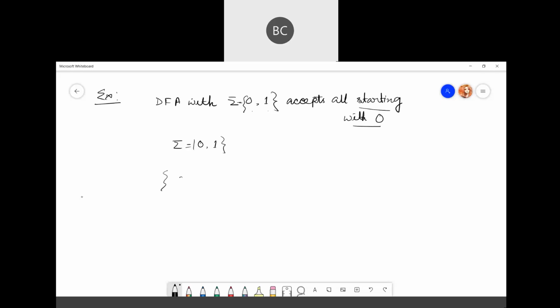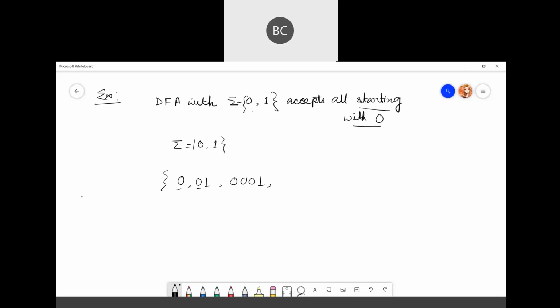So there will be at least one 0. Correct? This will be accepted. It's starting with 0. Then it is also possible it will accept 0, 1. Okay. Starting with 0, satisfying the condition. It is also possible it will go like 0, 0, 1. Starting with 0, accepting it.